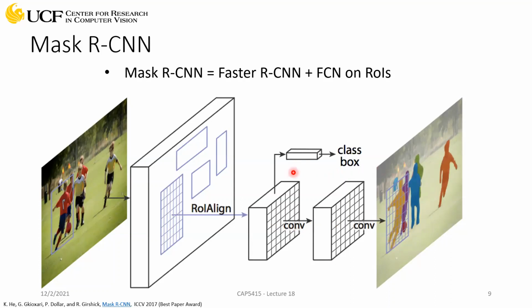So we just have this additional branch, and this is a fully convolutional neural network. If you have seen the lecture from the last class, then you know how semantic segmentation works. So it's exactly like that, just a sequence of convolutional layers, and the output will be this fine boundary.